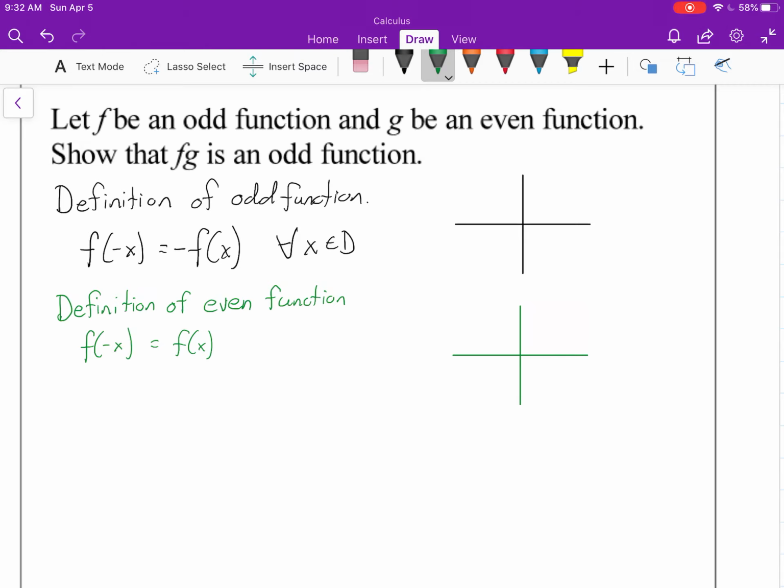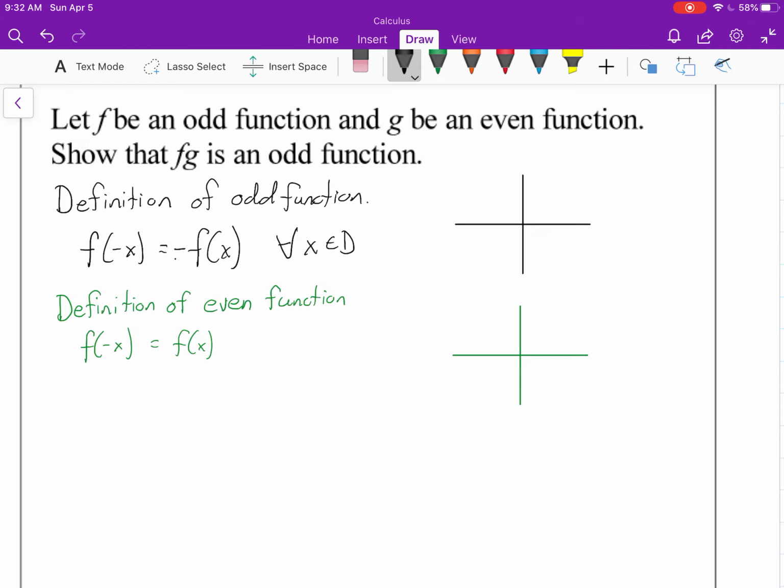But first I wanted to go back and look at the definitions of an even function and odd function. So here I'm starting with an odd function. The way that we determine if it's odd, it fits this definition. f of negative x is equal to the opposite of f of x for every x in the domain.